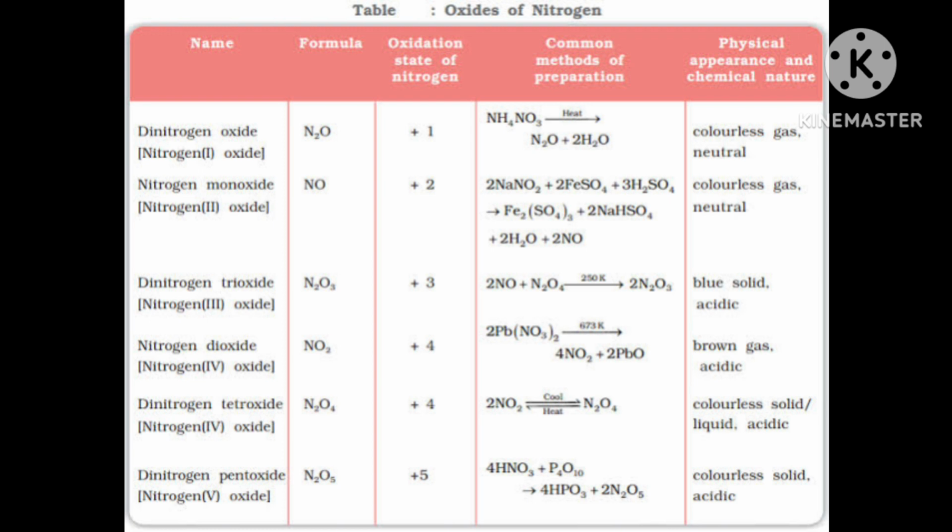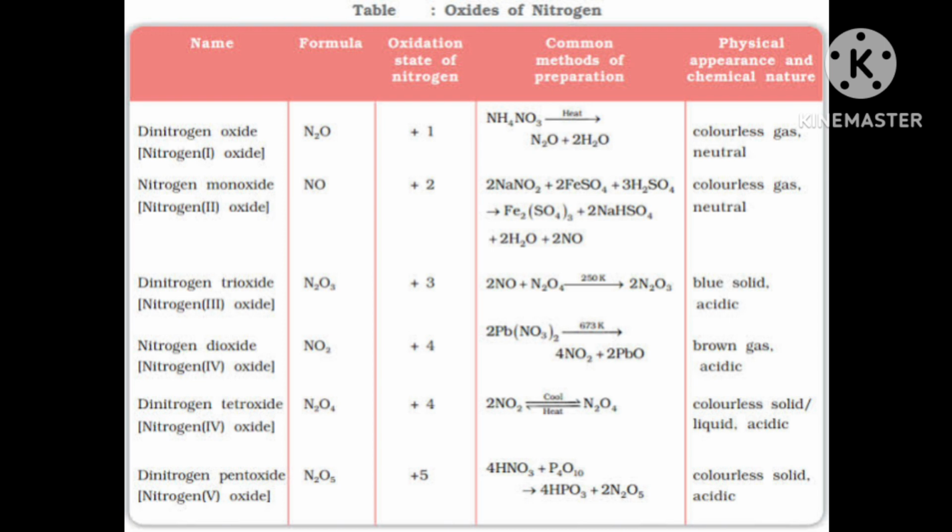Now I am telling you the balanced equation. 4 molecules of HNO3 and 1 molecule of P4O10 give 2 products. What are they?